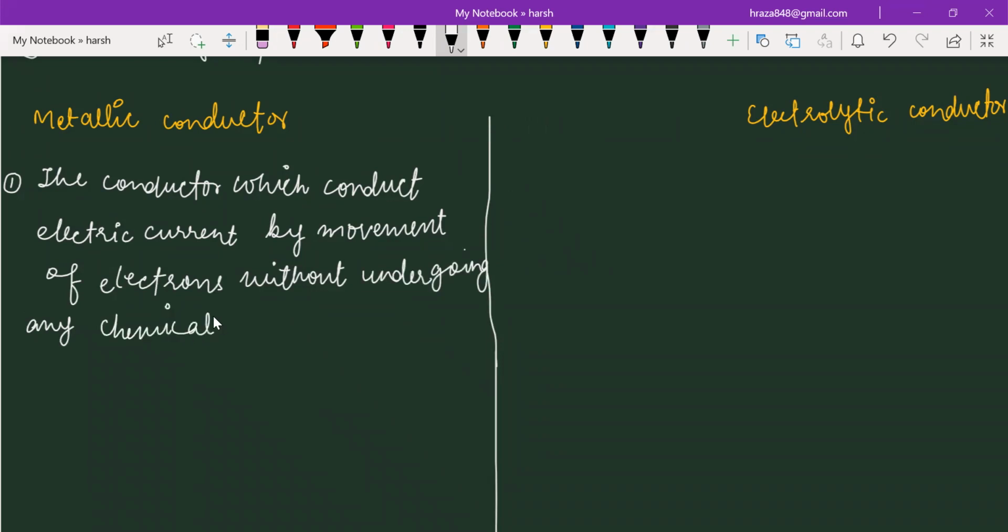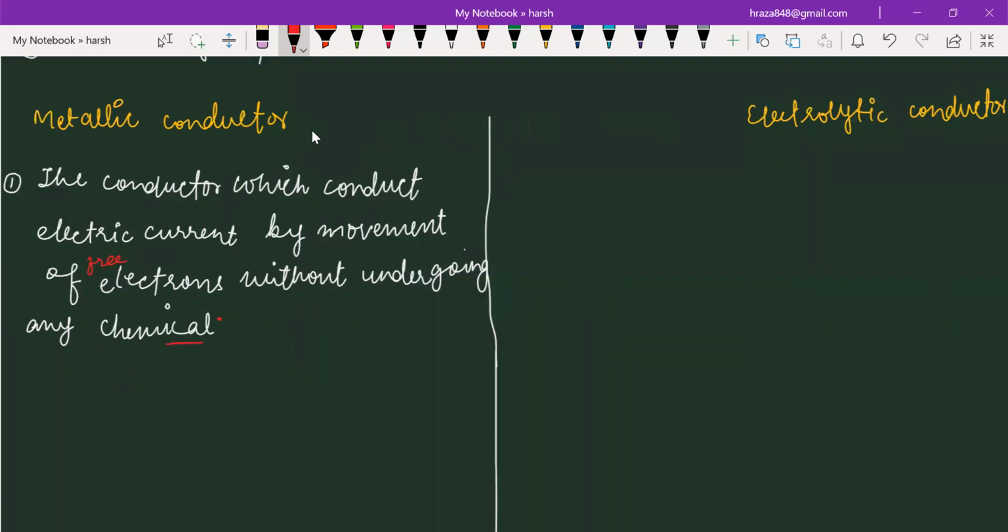So basically conduction is due to the presence of free electrons. You can write movement of free electrons, and without undergoing any chemical change. There will be no chemical change.